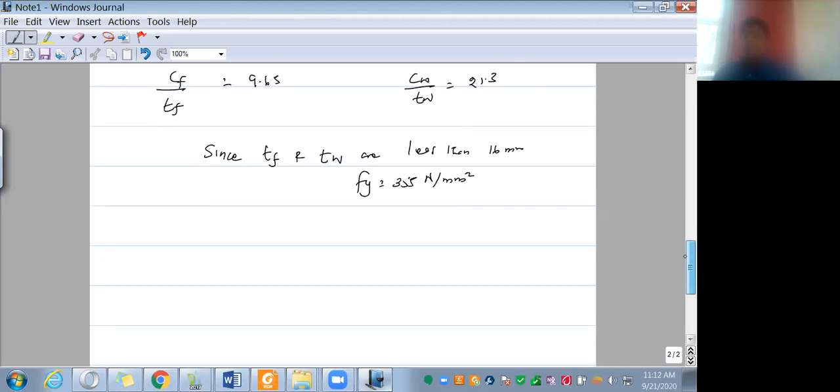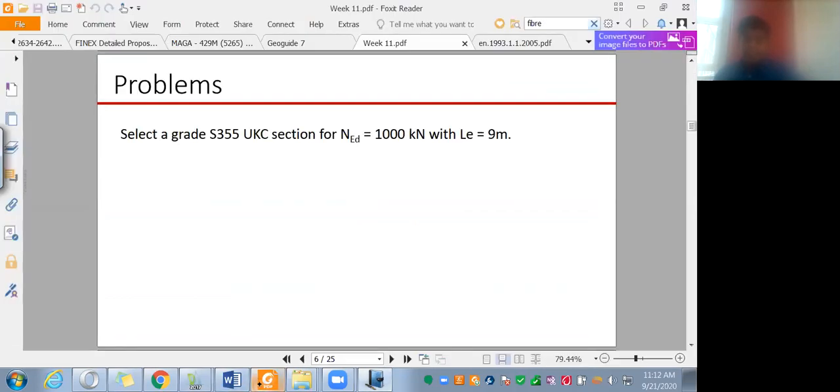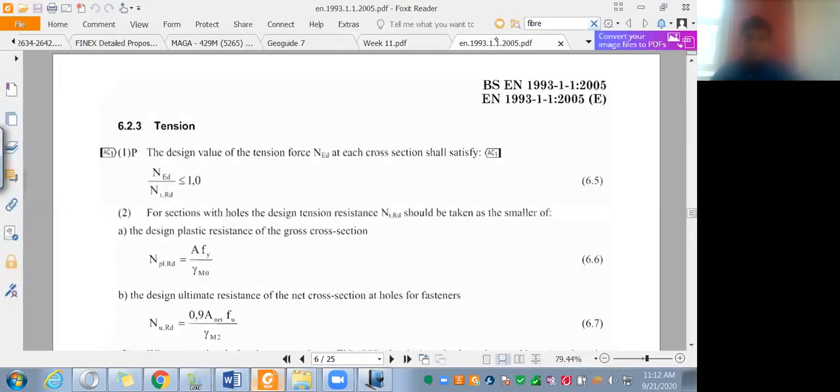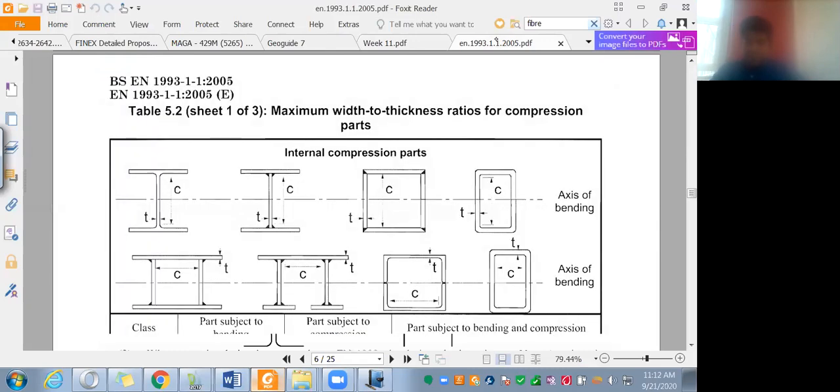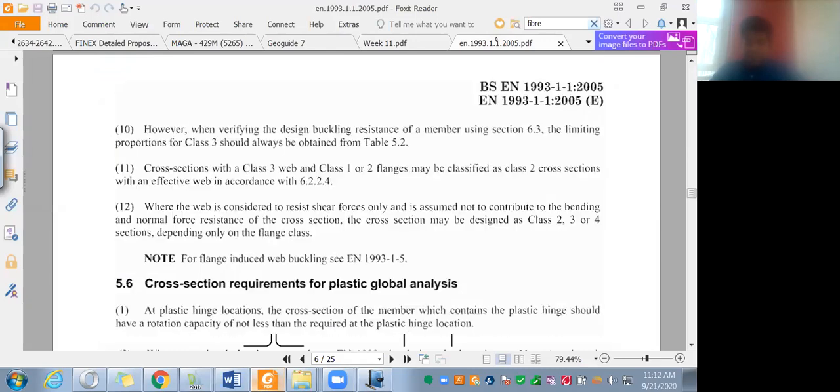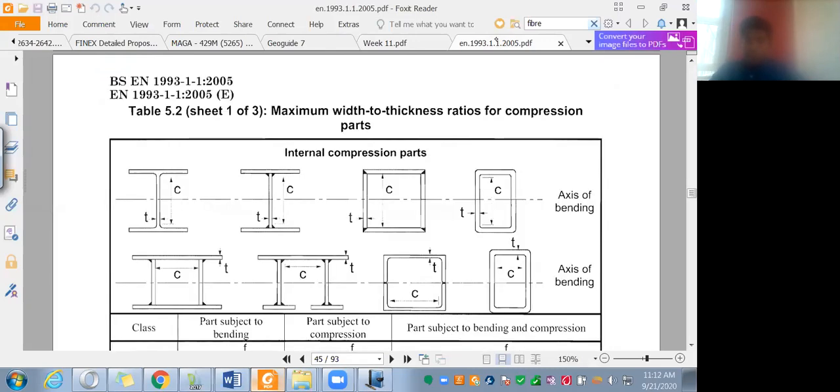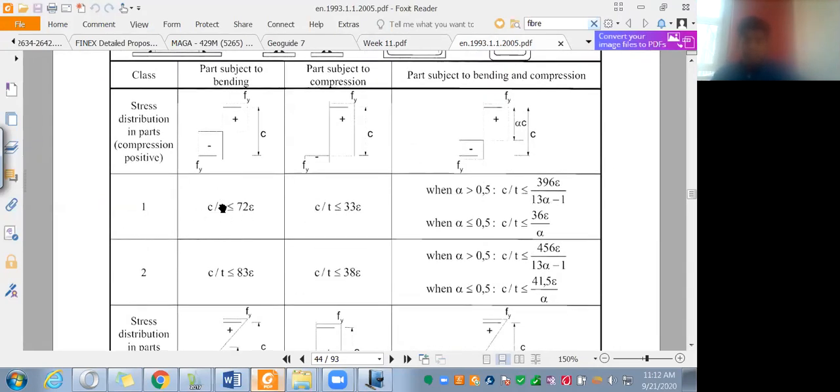So now if you get the code, go to the previous section 5.21. For the web it should be Cw over tw less than 72 epsilon. This is for bending.